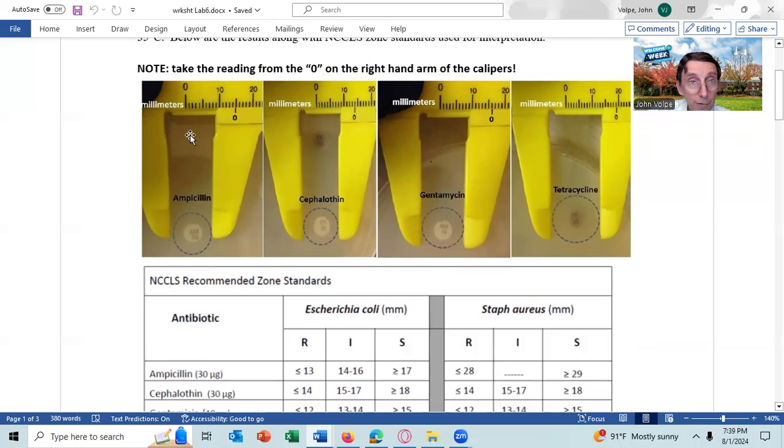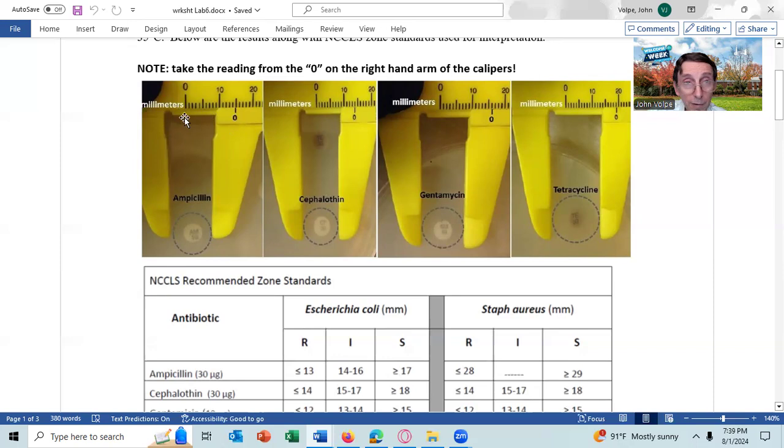You do not measure from here to there, which would be close to 10 millimeters, because if you notice, the 0 mark here doesn't begin here. So we don't measure from here to there. We measure from 0 to 0. Any question about that? That's how you use the calipers.